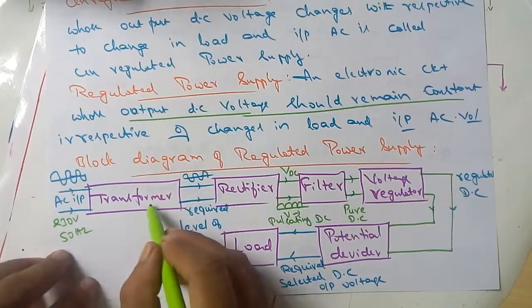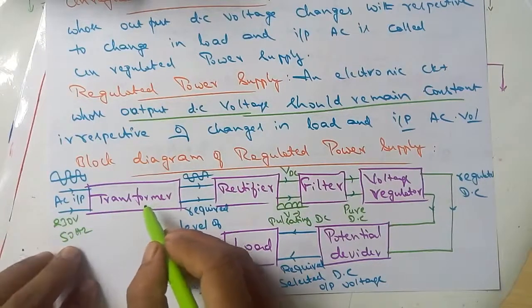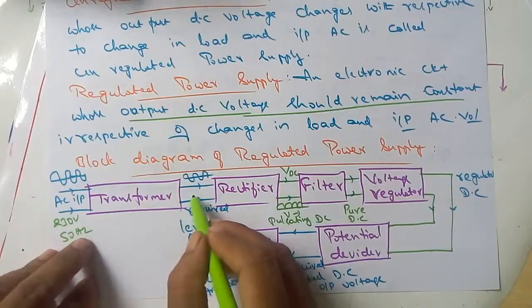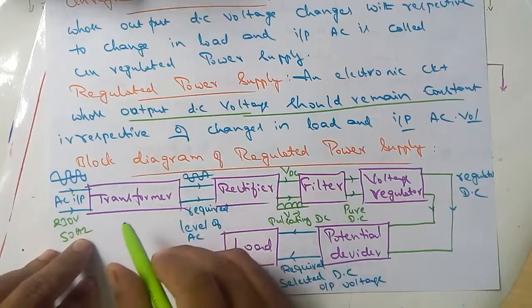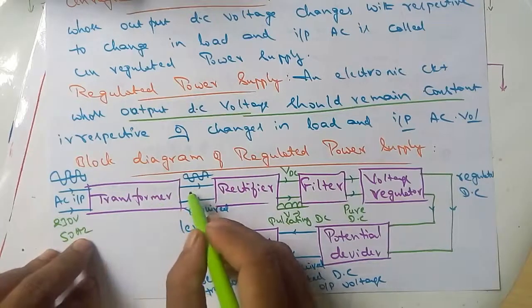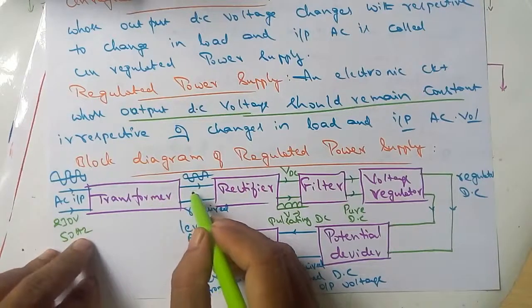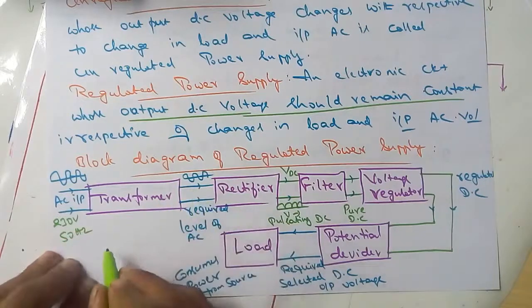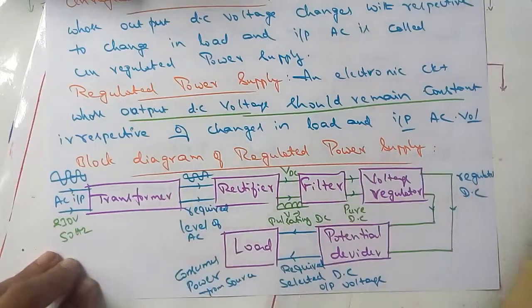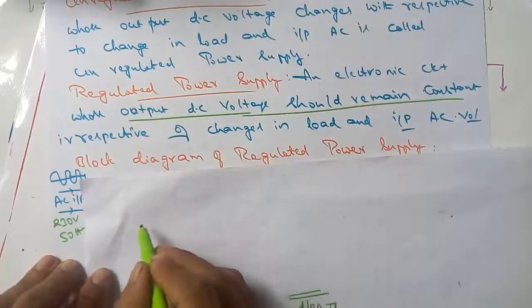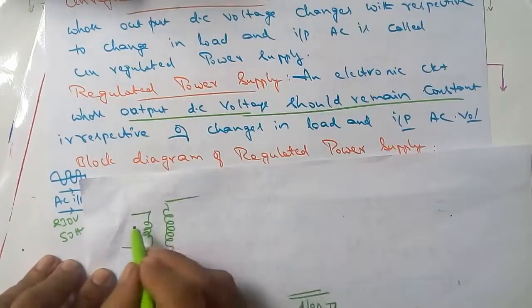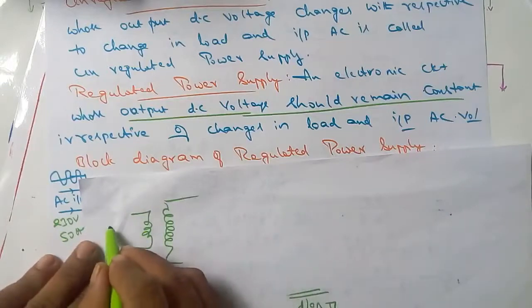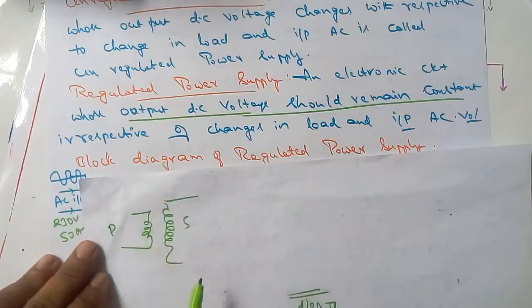So this transformer, what it is doing is that it may increase or decrease the voltage. Increased by a step up transformer and decreased by a step down transformer, right? Let us suppose this is the transformer, this one is the primary and this one is the secondary.